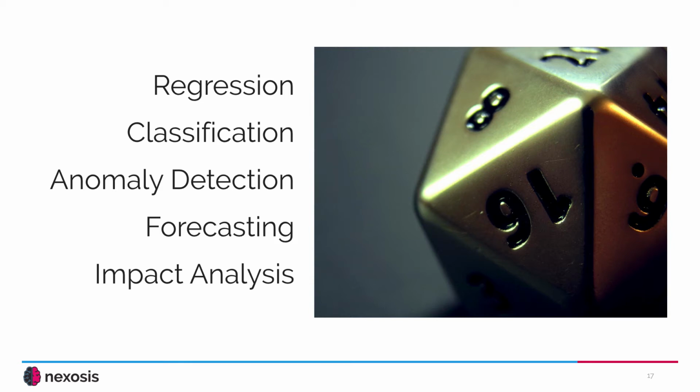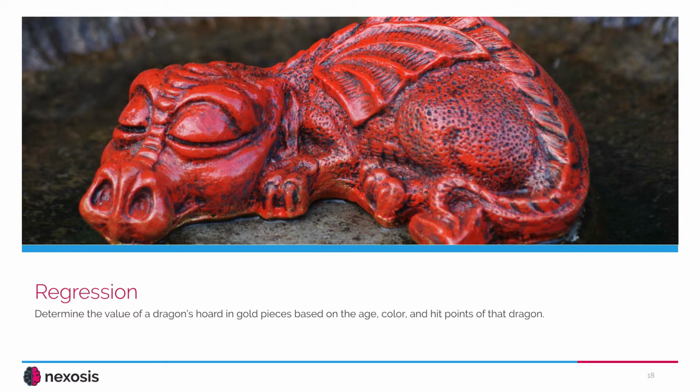We're going to talk about regression first. And so the problem we're going to solve with regression is we want to know how much a dragon's hoard should be worth based on the age of that dragon, the color of that dragon, and how many hit points that dragon has. This is important D&D stuff. Because, you know, if you hear rumors as a character, because you're role-playing, right?